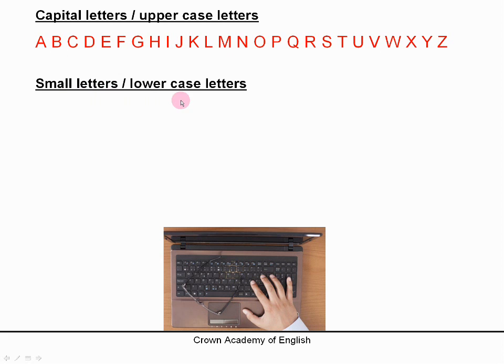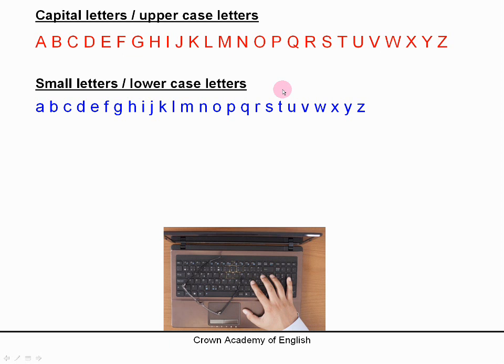So small letters or lowercase letters, they look like this. Obviously in size they are smaller and less wide, but the letters are exactly the same. They are just two versions of the same 26 letters. That is very important.